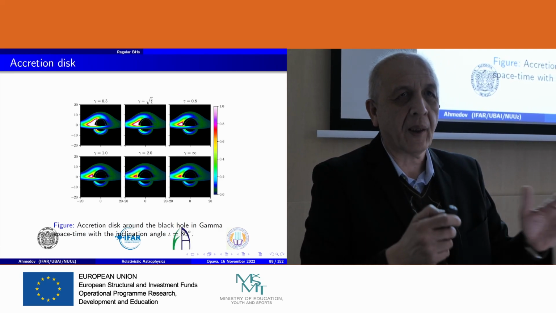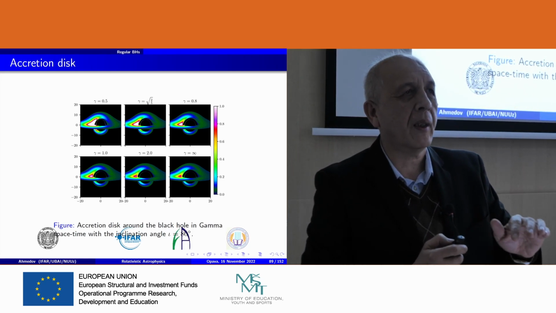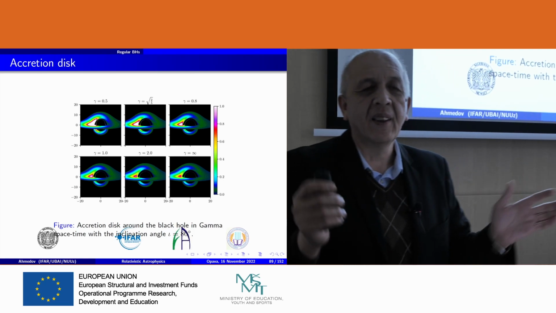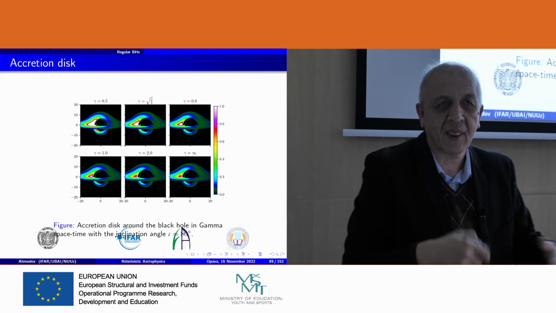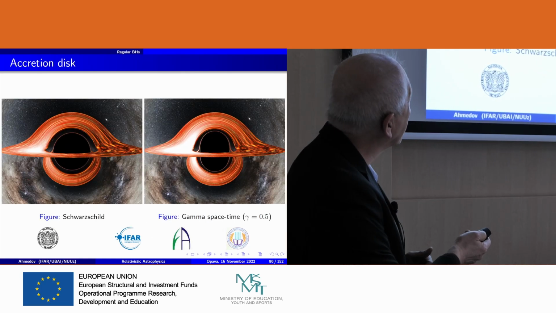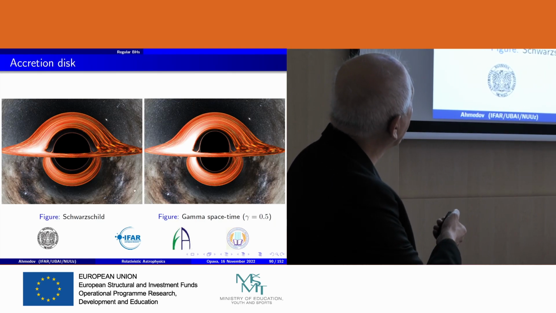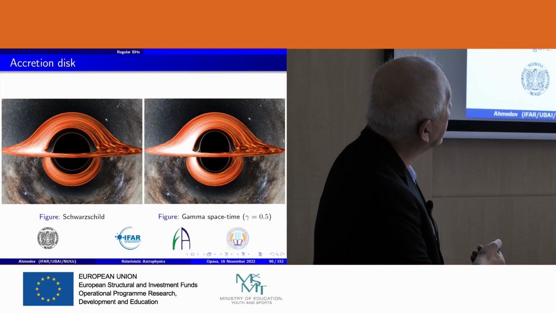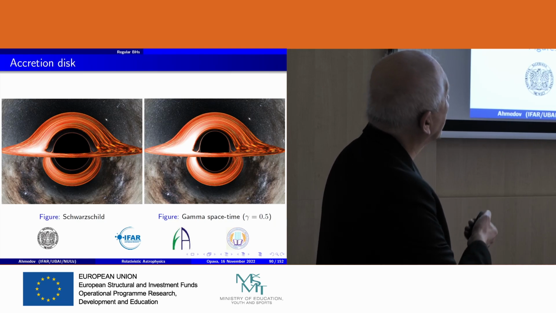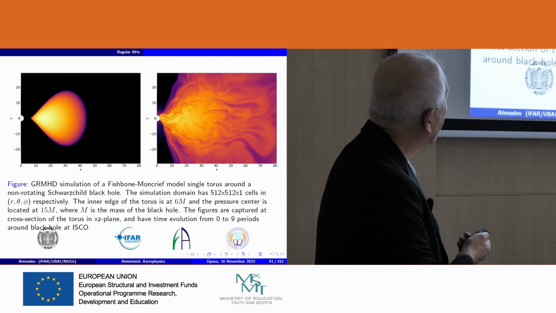They use different programs, and then we compare how the images produced by Timurbek and Song Lee coincide with each other, and if they don't coincide, we do the calculations again, and now we got this agreement because both calculations should coincide. And here you can see it is a Schwarzschild space-time, and this one is when gamma is equal to 0.5. So you see the size of the shadow depends on the gamma factor.